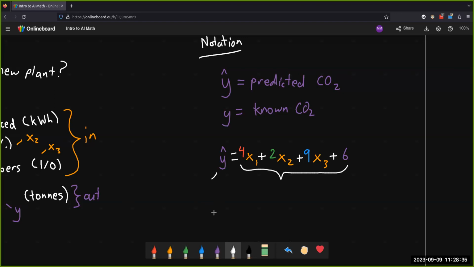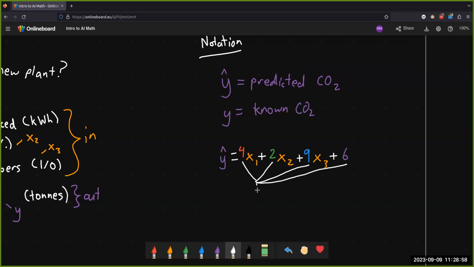But you'll probably be thinking, why that equation in particular? How do you know that it is exactly 4x1 plus 2x2 plus 9x3 that will help us predict this output that we want? In particular, these numbers seem very random.